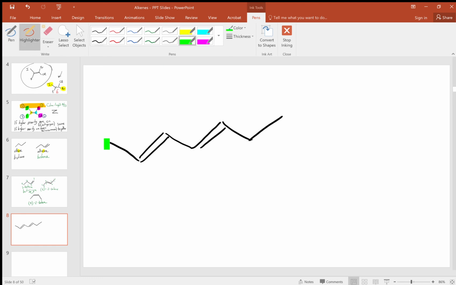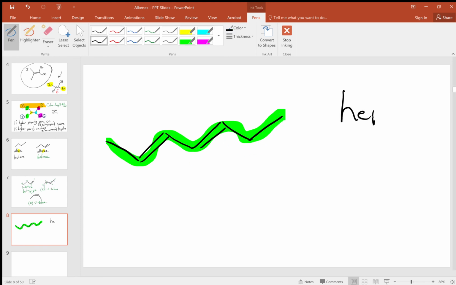So here is, of course, our parent chain. Total of 7 carbons, so we're looking at a derivative of heptane. Now if we number this, we can number this left to right, which I'm doing here in green.